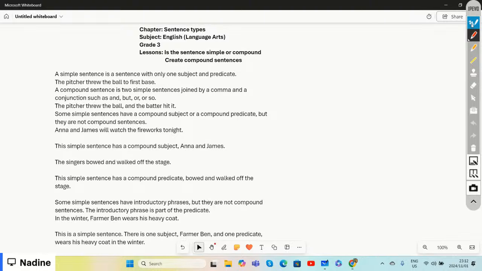If we look at an example of a simple sentence, it says: the pitcher threw the ball to the first base.